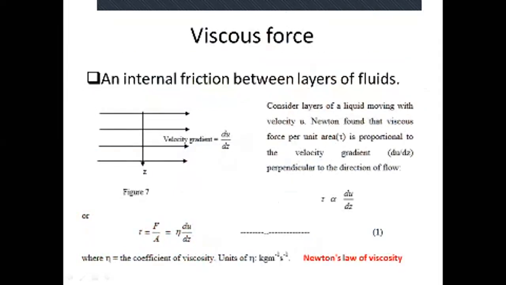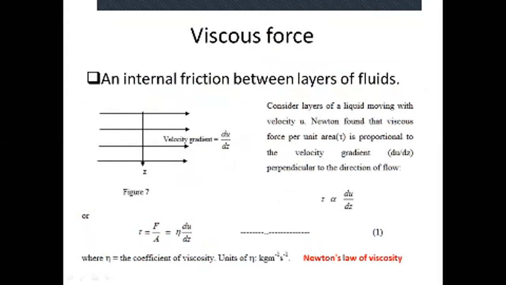So we can use Newton's law to come up with the law of viscosity, whereby we are looking at the velocity gradient, which is given by du/dz, where dz is the height of that liquid column and u is the velocity.